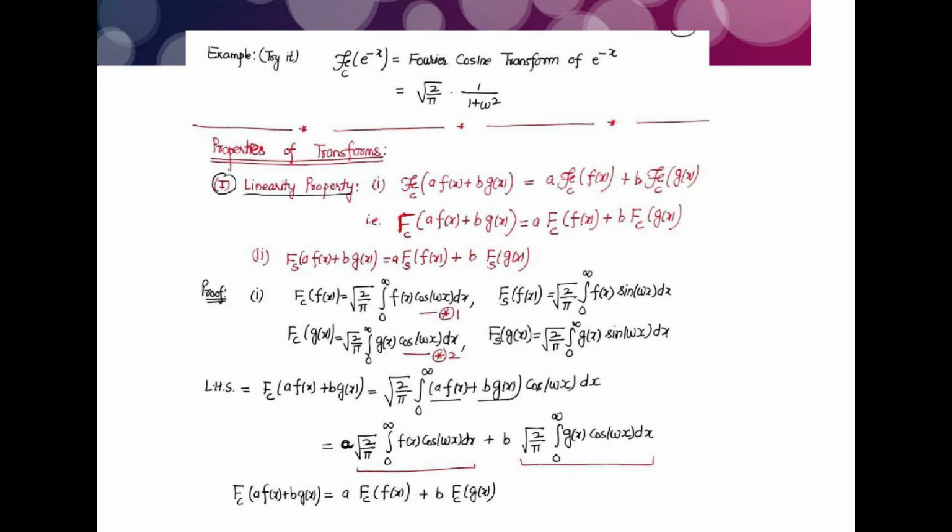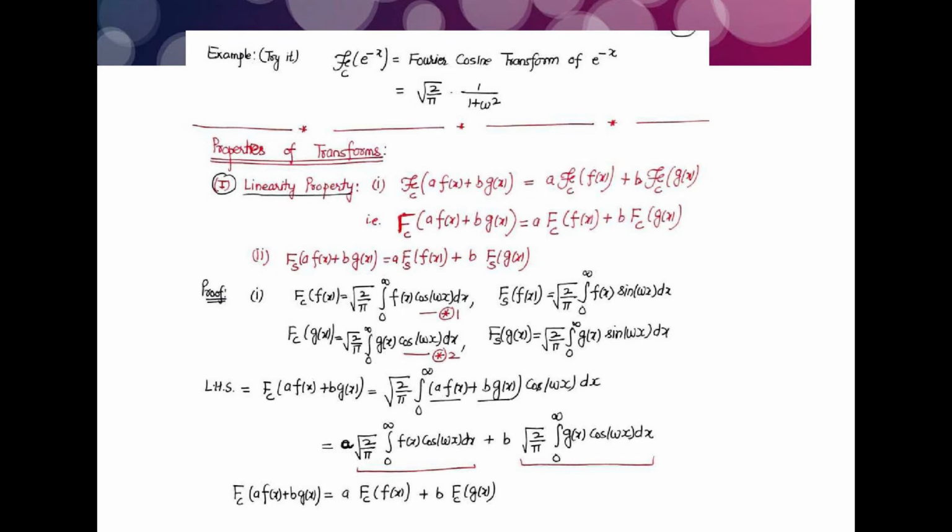Its solution is square root 2 upon pi times 1 upon 1 plus w square. Now we will discuss some important properties of Fourier transforms, cosine and sine transform. First one is the linearity property, that Fourier cosine and sine transforms are linear operators. So first, f and g are two functions.